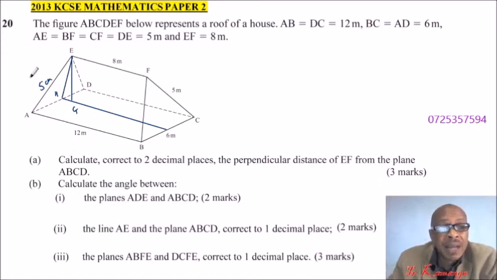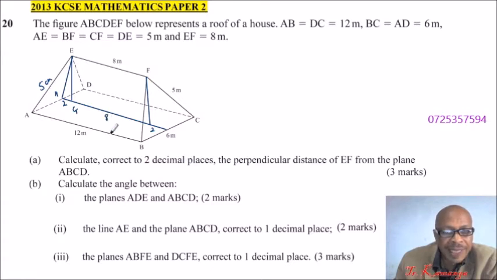Since EF is 8 centimeters and AB is 12 centimeters, if we drop another perpendicular line here, this is 2 and this is also 2, and this is 8.